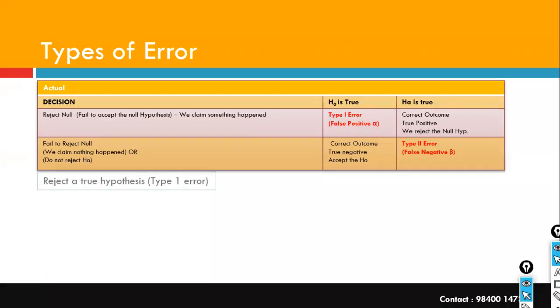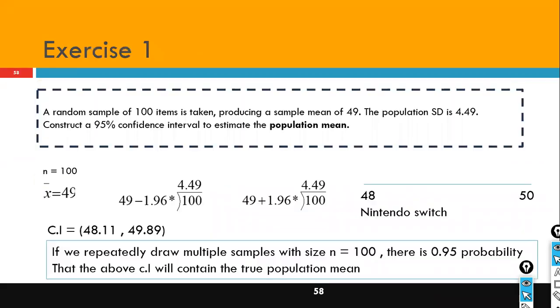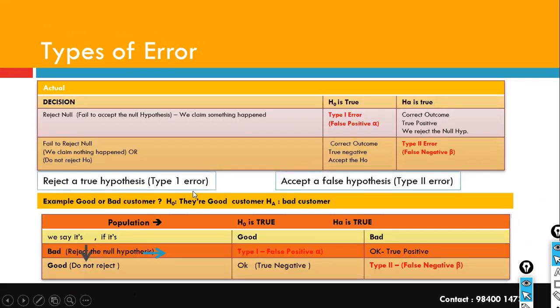So type 1 error and type 2 error are very dangerous. Now we will take a look at when it is dangerous and when it is not so dangerous. Look at this example. H0: the person is good, whereas the alternative hypothesis is a bad customer.